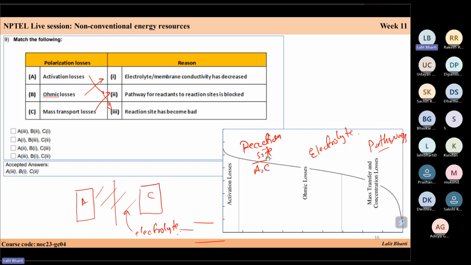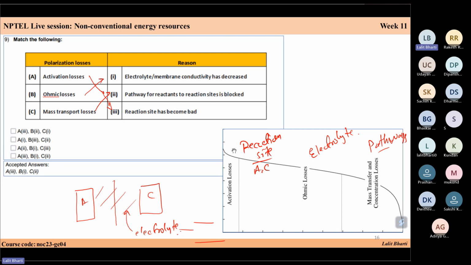Then you have ohmic loss. Ohmic loss basically depends on your internal resistance, or you can say it is limited by the ionic conductivities. Then you have mass transfer and concentration losses when your currents are very high. So your current will be limited by the flow of electrons or the concentration of electrons. So this is the concentration region, because mass transfer and concentration are dominant here.